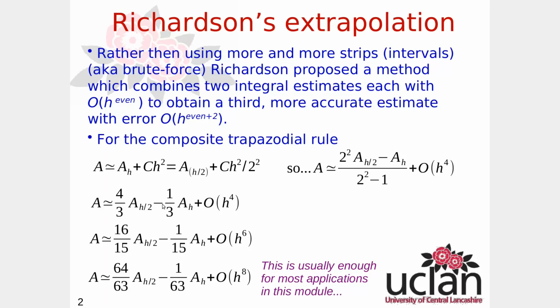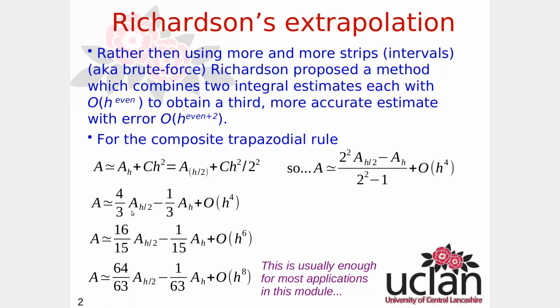If you then apply this to this particular problem, you'll see you've got a 4 on the top and a 3 on the bottom, and there's always a 1 here. So we have 4 over 3 A(h/2) minus 1 over 3 A(h). Initially, as we did before, we started off with 2 strips on a linear Newton-Cotes formula, and then we'd move up to 4 strips.